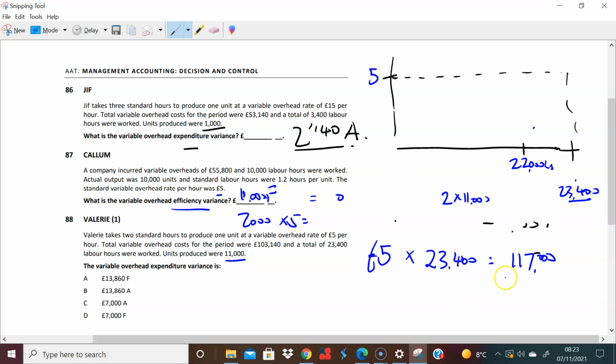And how much did you spend? You spent 103,140. So that's a saving, you did good. 117,000 less 103,140 is 13,860 favorable. You did good, you spent less than you should have.